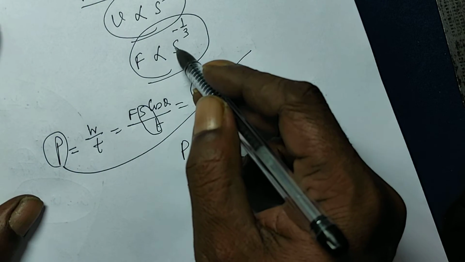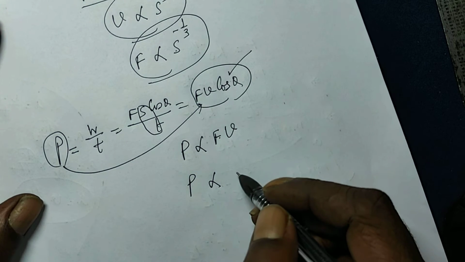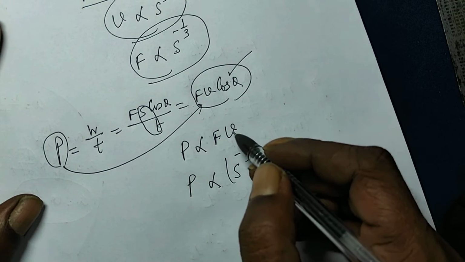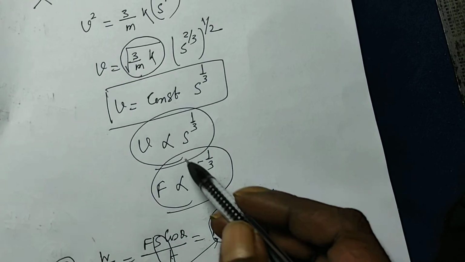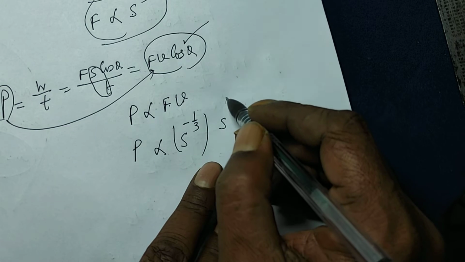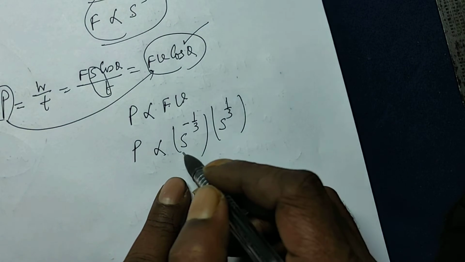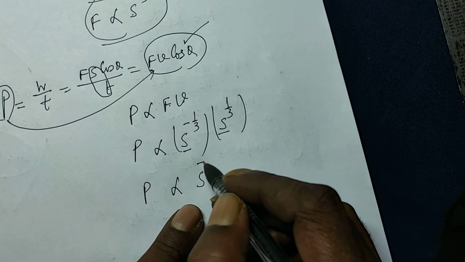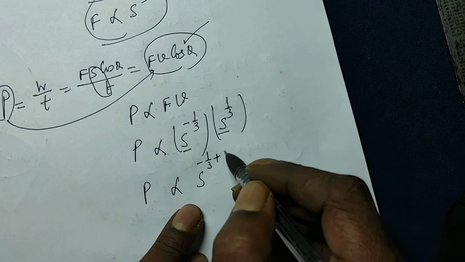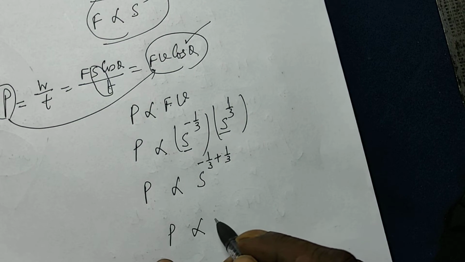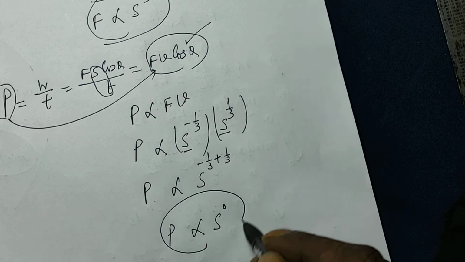So F is proportional to s to the power minus 1 by 3, and v we just calculated as proportional to s to the power 1 over 3. So the powers will be added: minus 1 over 3 plus 1 over 3. So P is proportional to s to the power 0.